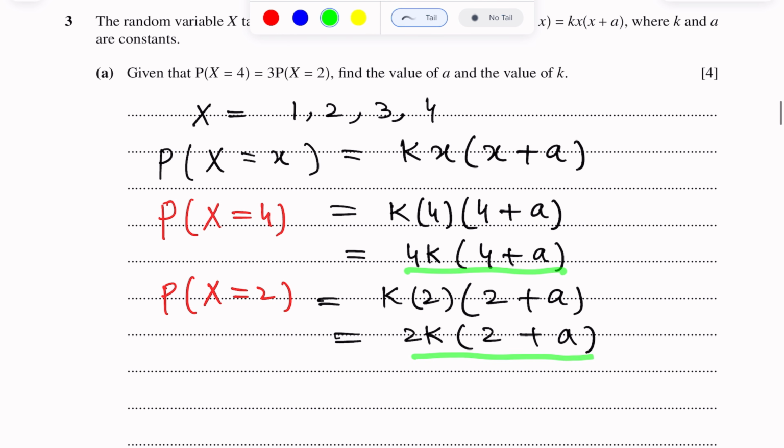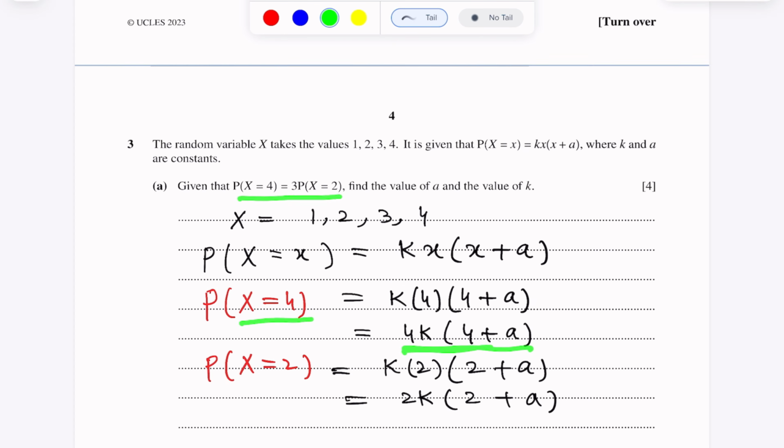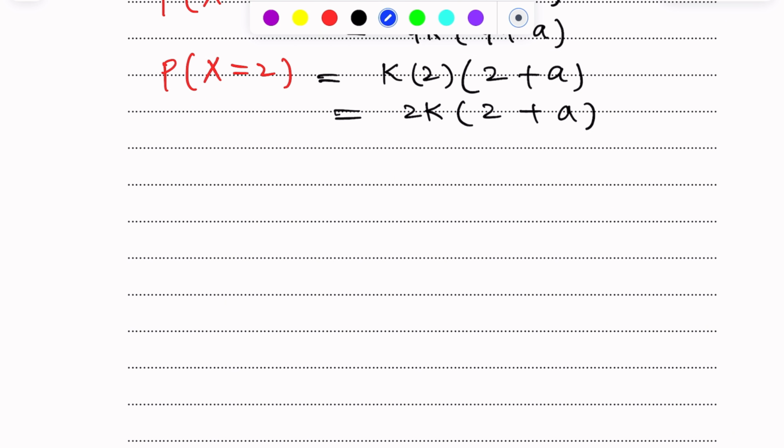Now putting these values in this relation: the probability of X equal to 4 is equal to 3 into the probability of X equal to 2.